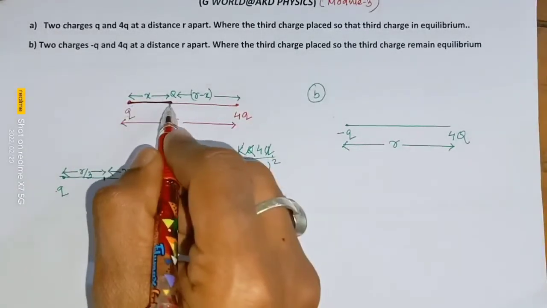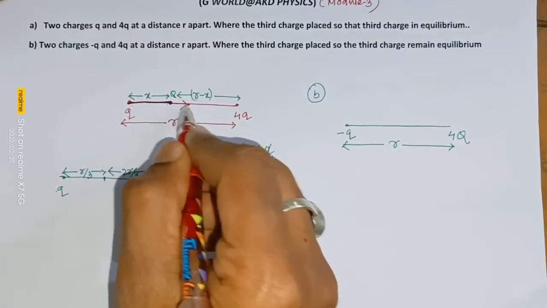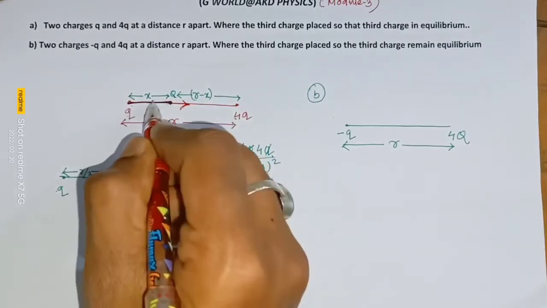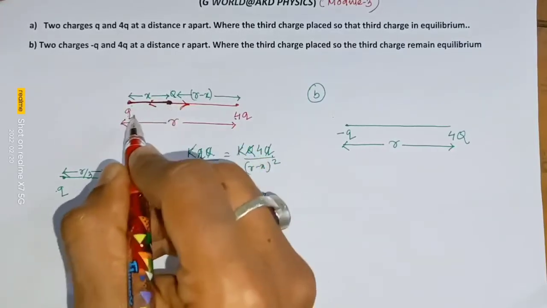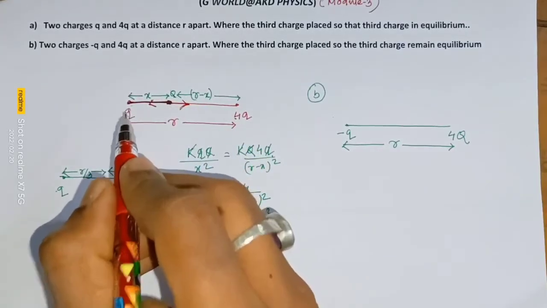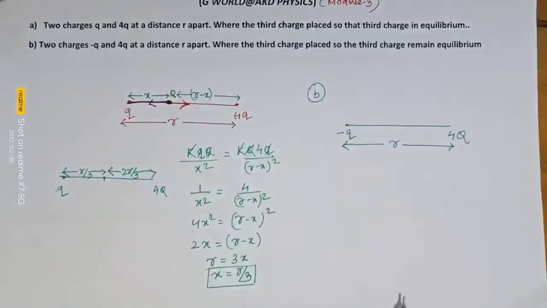If you observe carefully, this charge Q will repel like this, and 4Q will repel like this. So definitely this point is the equilibrium point. An important point for your checklist is that the equilibrium point is always nearest to the smaller charge.